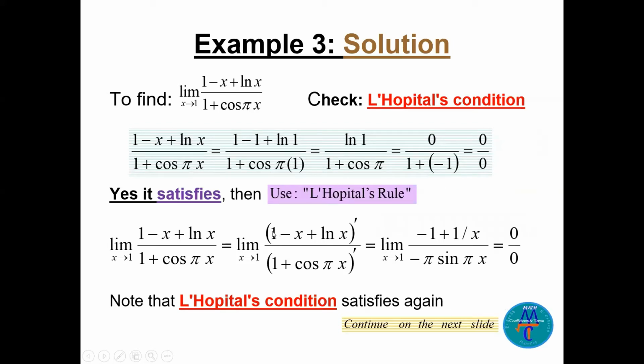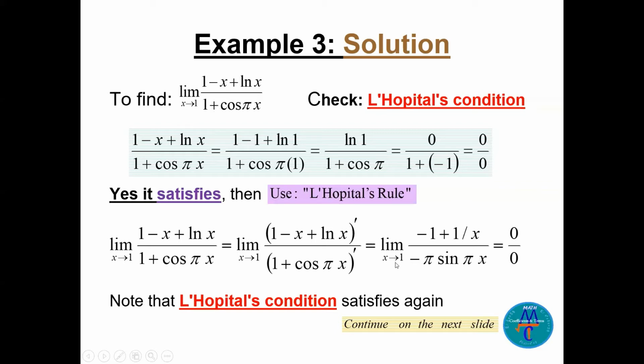So let's find the derivative of all this. The derivative of the 1 is 0, the derivative of minus x is minus 1, and the derivative of ln of x is 1 over x. In the denominator, the derivative of the 1 is 0, and the derivative of cosine of pi x will be minus pi, the coefficient of x, times sine of pi x.